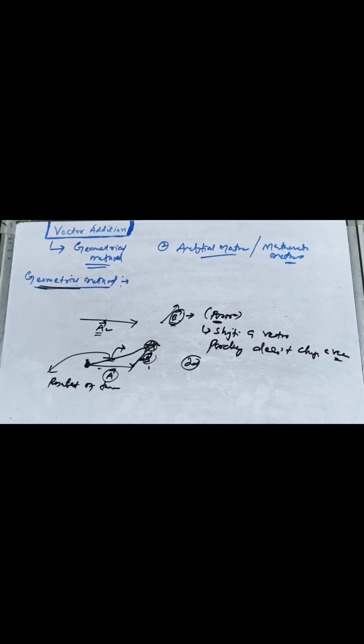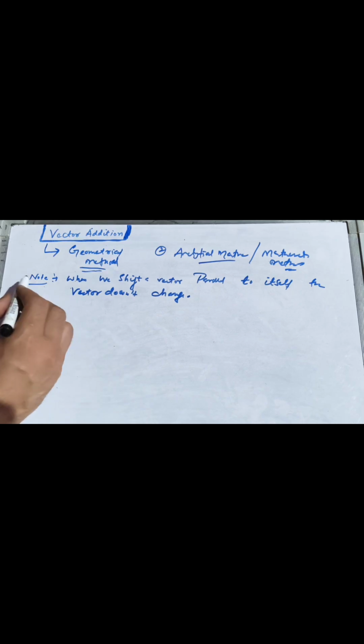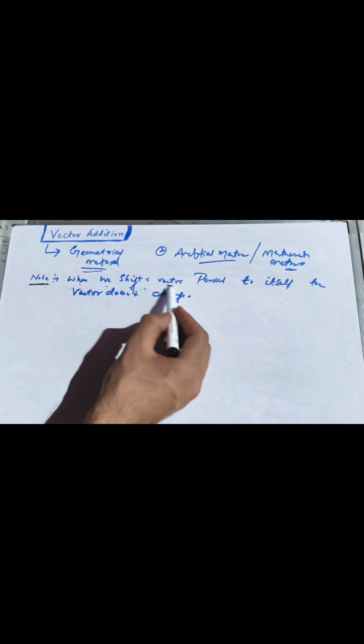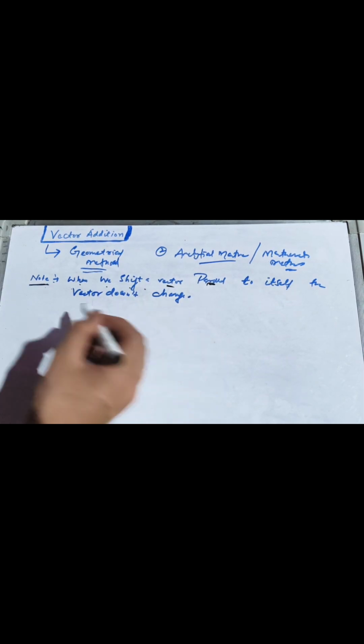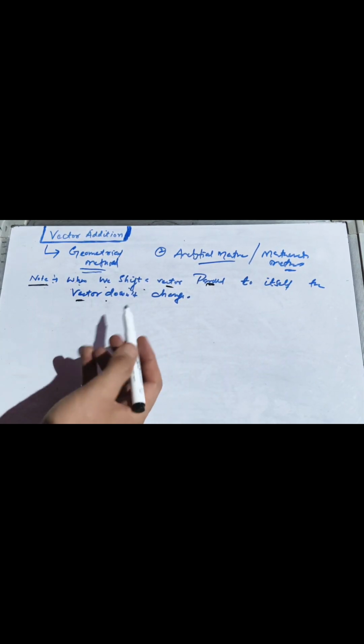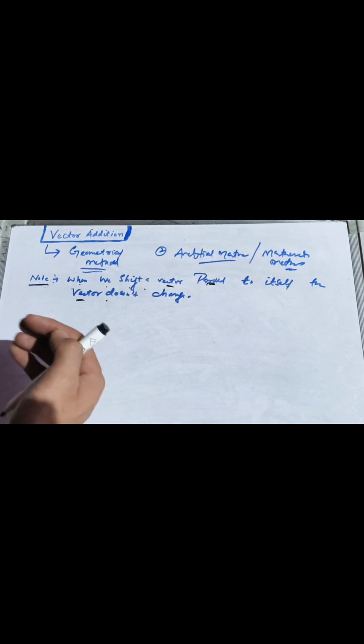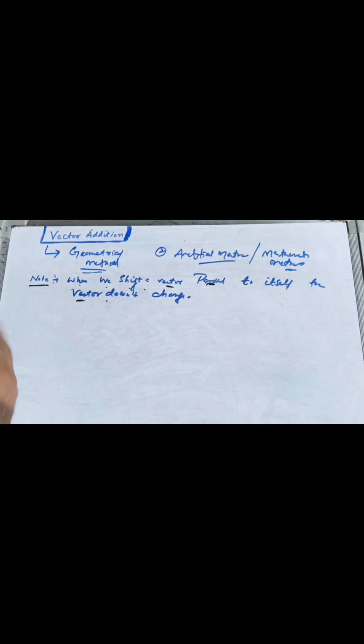This is the rule we have to remember in the geometrical method. An important thing to remember is that when we shift a vector parallel to itself, the vector does not change. We are changing neither the direction nor the magnitude, so it remains the same.